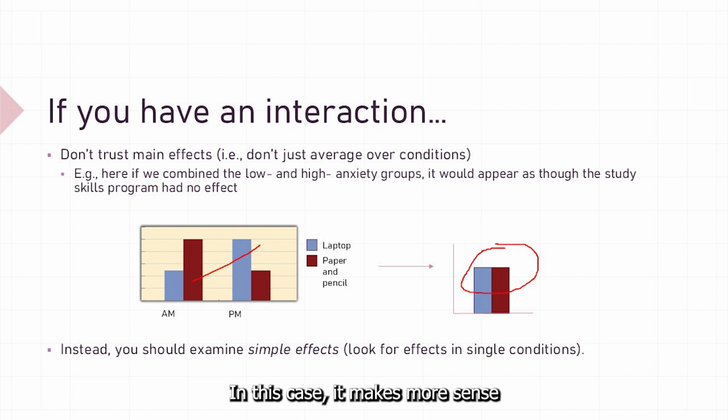In this case, it makes more sense to look at the simple effects. Simple effects are effects in each single condition. In our case, there are 4 conditions, meaning there should be 4 simple effects.